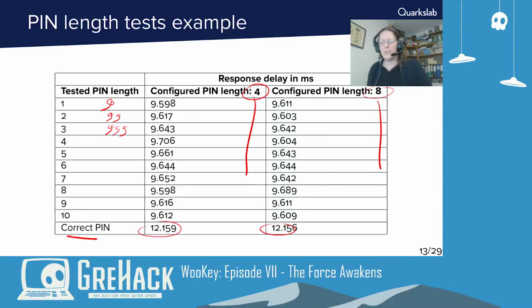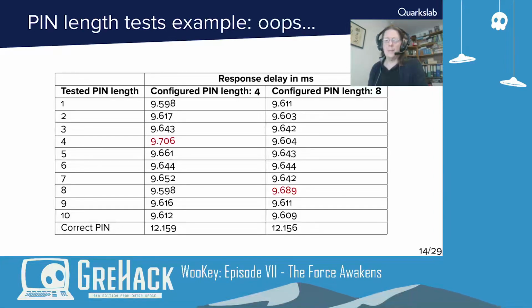Now, do you see something else interesting here? Beside the correct pin, look at what are the longest timings in this list. And yeah, the longest timings are here and there. When your pin is of length 4, that's when you try a pin of length 4.